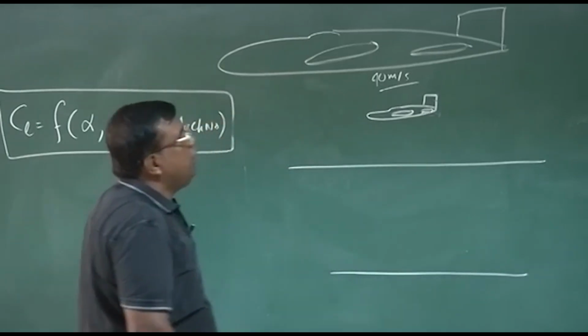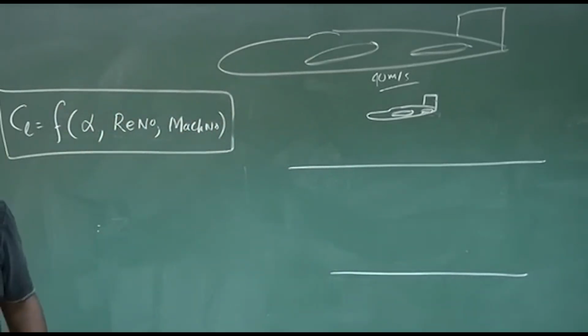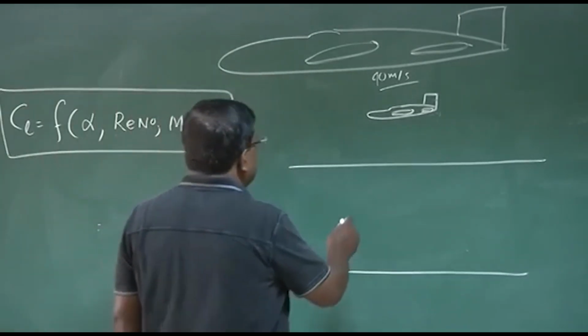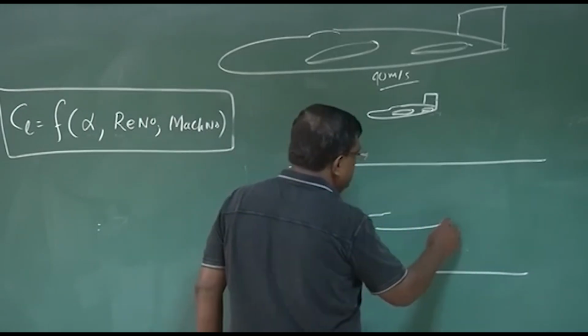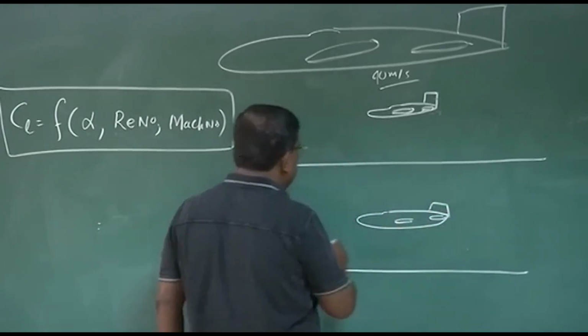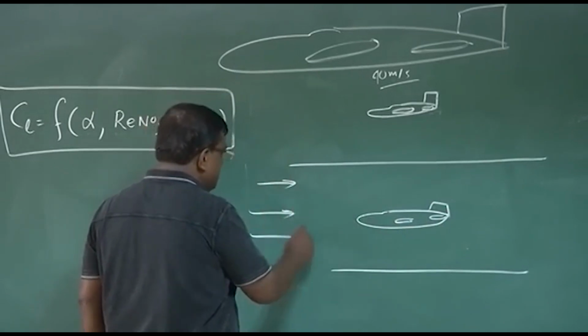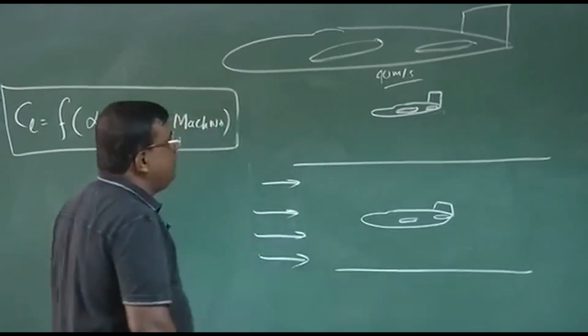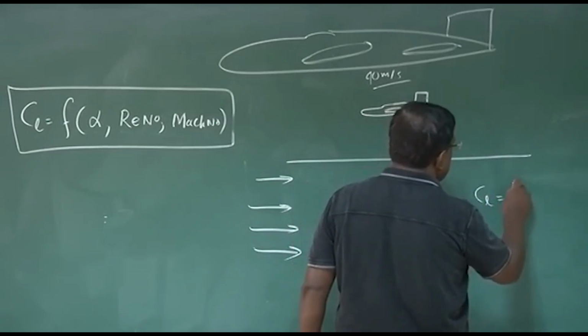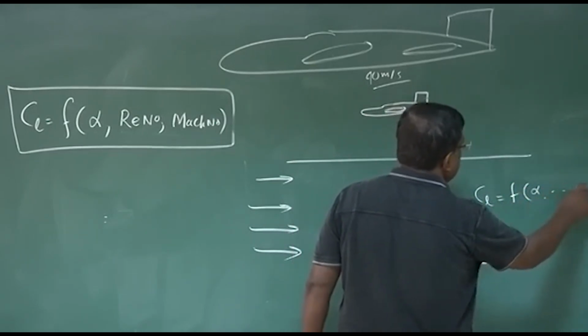We call it a scaled down model, maybe 1/25th, 1/50th, 1/10th. Each dimension is reduced like that. Then I put this inside this tunnel. I want to generate CL as a function of alpha.